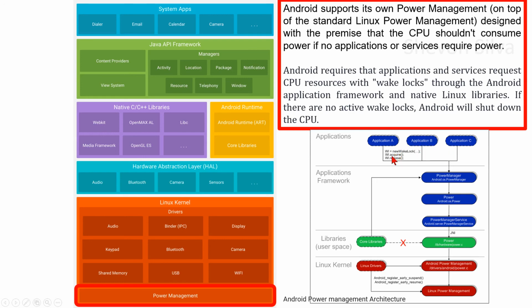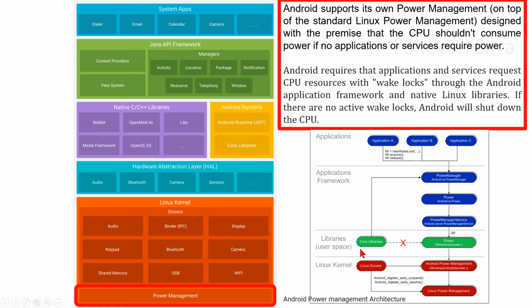So here there are wake locks, acquire and release, and it's linked with the applications, and this is the application framework, and it's going through the power manager, android.os.PowerManager, and it moves to the power manager service, android.server.PowerManagerService, and it moves through JNI.